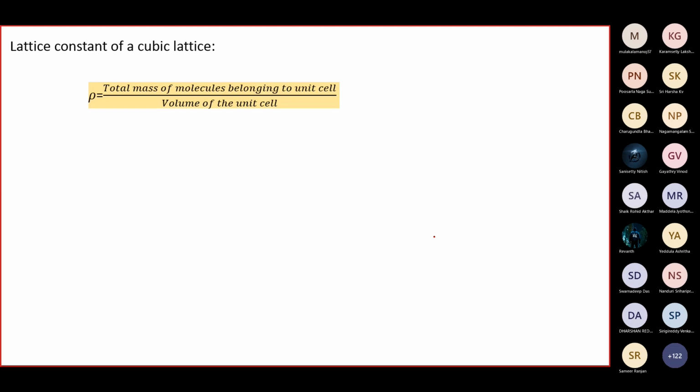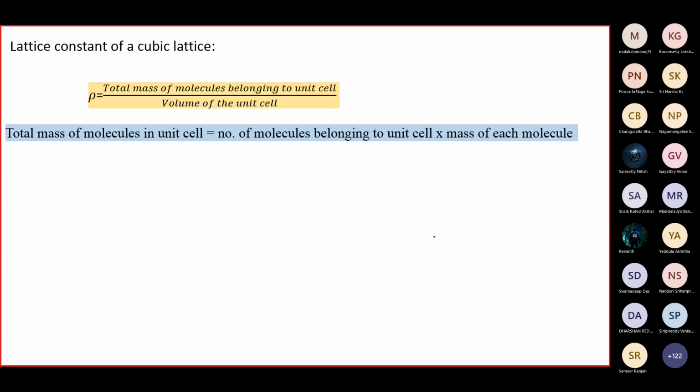We are not talking about density of a material, just density of a unit cell, defined on the same lines. Now, total mass of molecules in unit cell equals number of molecules belonging to the unit cell multiplied by mass of each molecule.